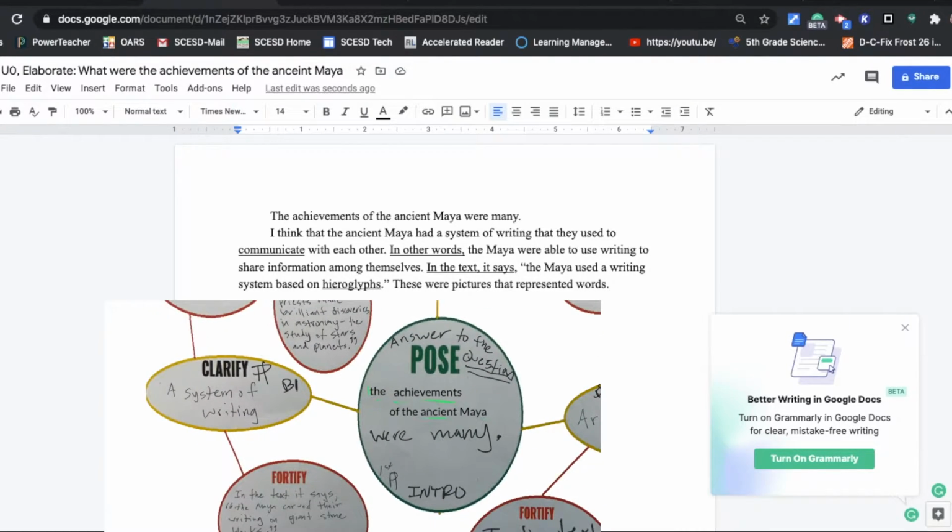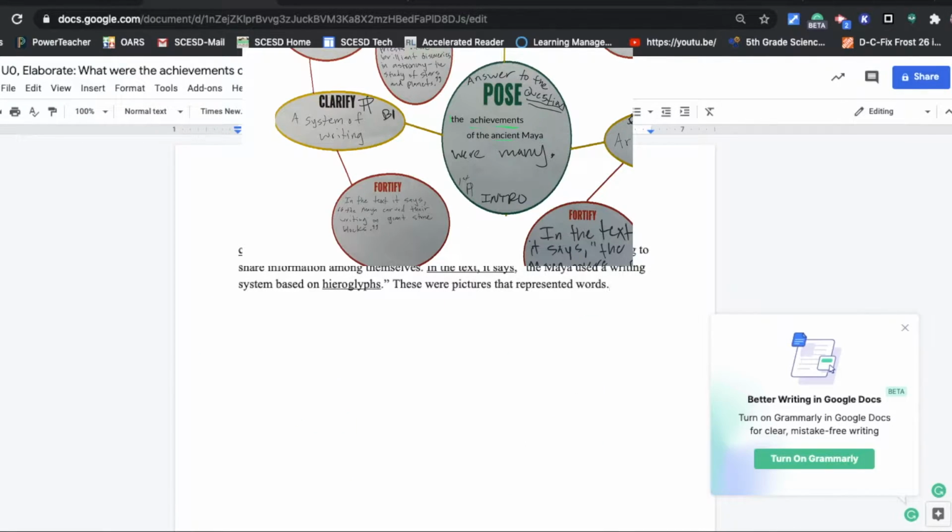And then we also have another fortification statement that we can add in. In the text it says the Maya carved their writing on giant stone blocks. So we can go ahead and write that. In the text it says the Maya carved their writing on giant stone blocks.